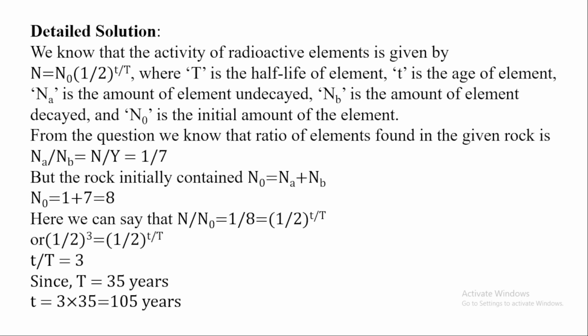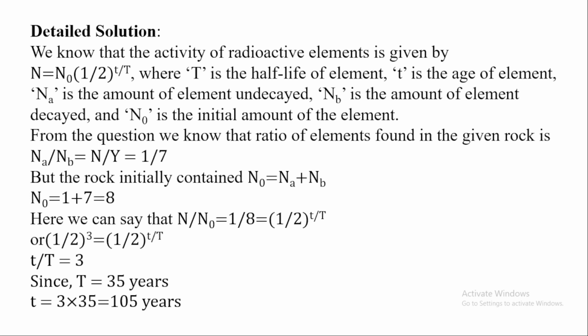Now the final amount of N that is present, we can assume to be 1. So N by N0 will be 1 divided by 8. Initial was 8, final is 1. So 1/8 is equal to 1/2 raised to the power of small t divided by capital T. Now if you see, 1 by 2 raised to the power of 3 is equal to 1 by 8, because 2 cube is 8. 2 into 2 is 4, 4 into 2 is 8.